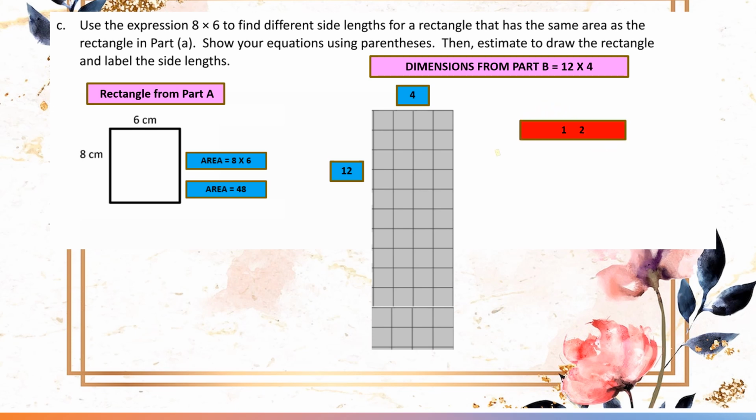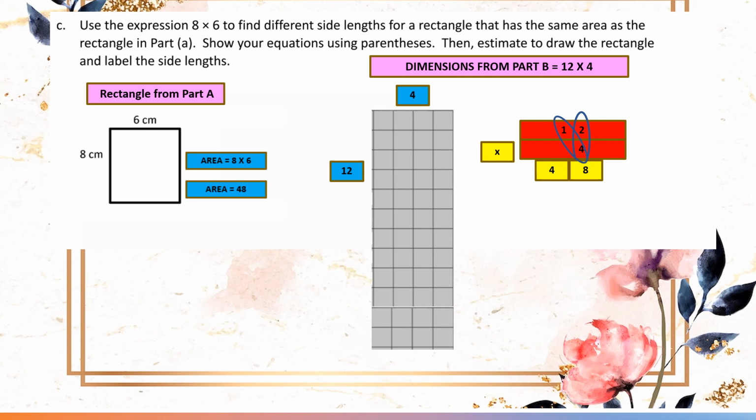And 12 times 4, if we go ahead and complete the calculations using the standard algorithm, starting at the ones place, 2 times 4 is 8, and 1 times 4 is 4.